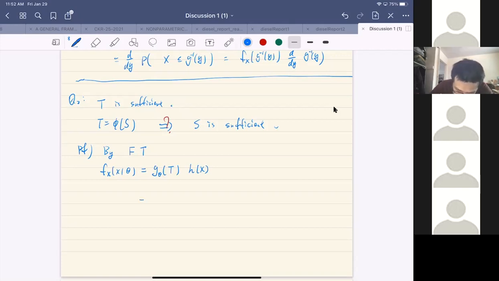And t is equal to phi of s, so it's phi composed with s of x.